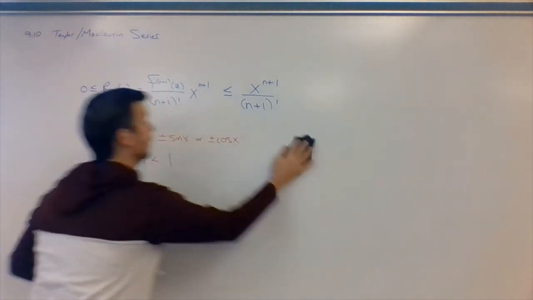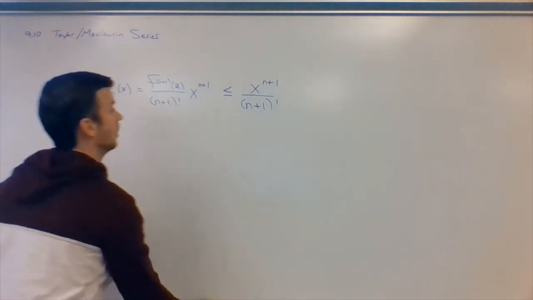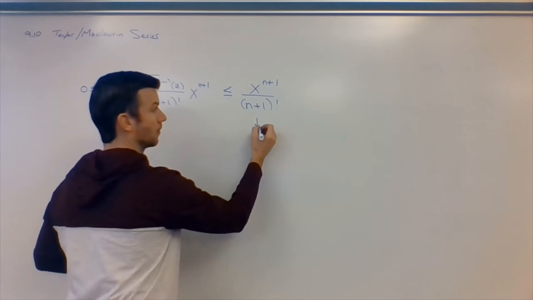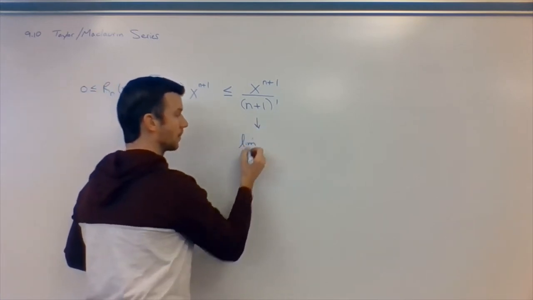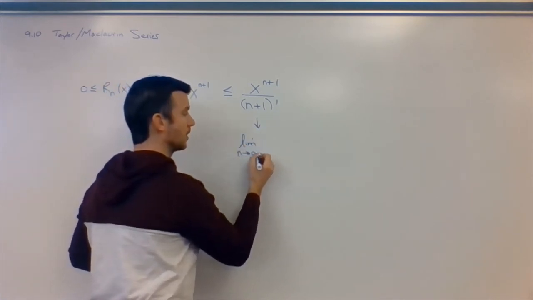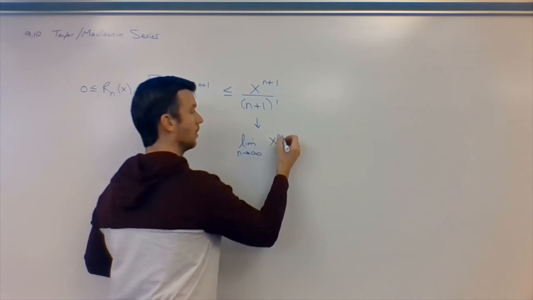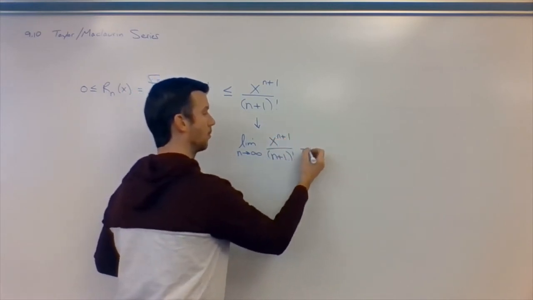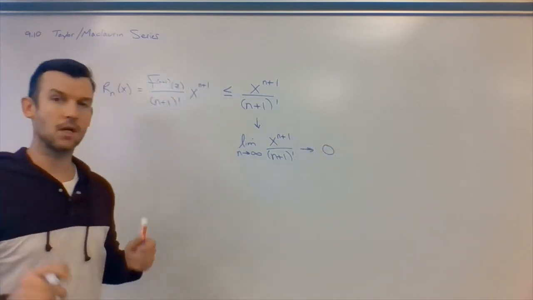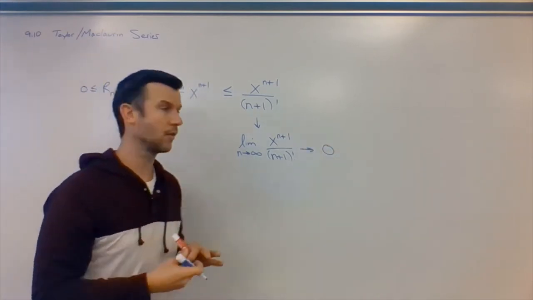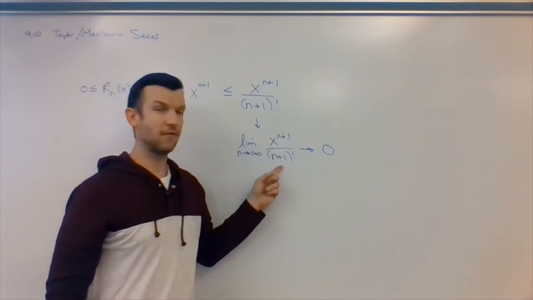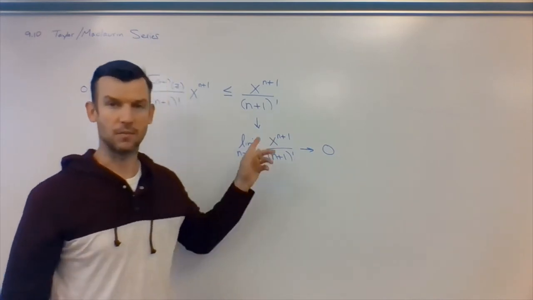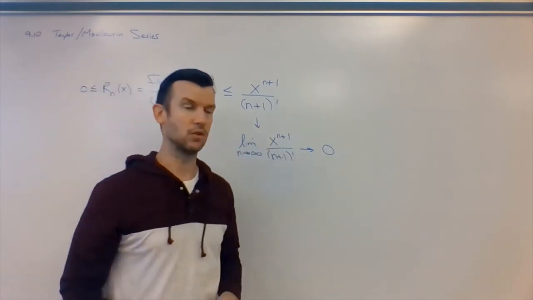Well, this part right here, the limit as n approaches infinity of this term approaches 0. It becomes 0, and that's because of the order of growth. This is a polynomial over a factorial. Factorials grow faster than polynomials. That's going to approach 0.